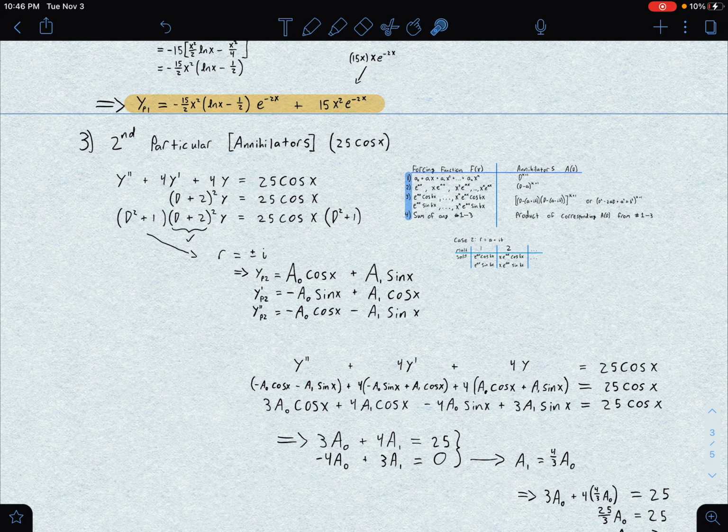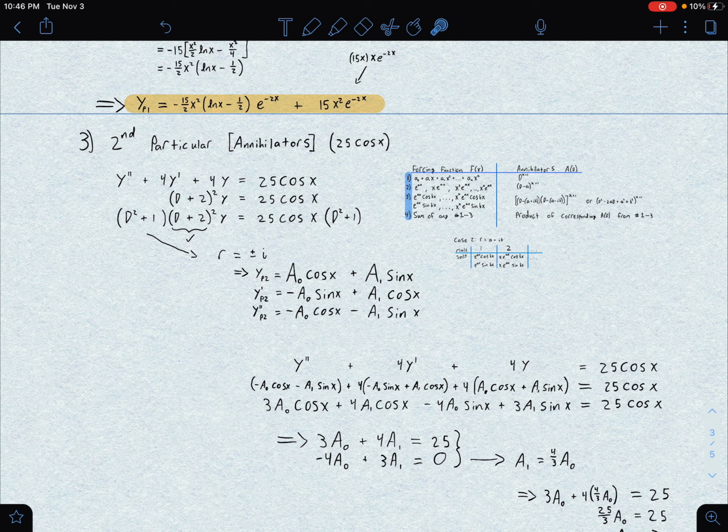This will give us a second particular solution in the form of a naught cosine x plus a1 sine x. Now, we don't want an a naught and a1 in our particular solution. We need to solve for those.